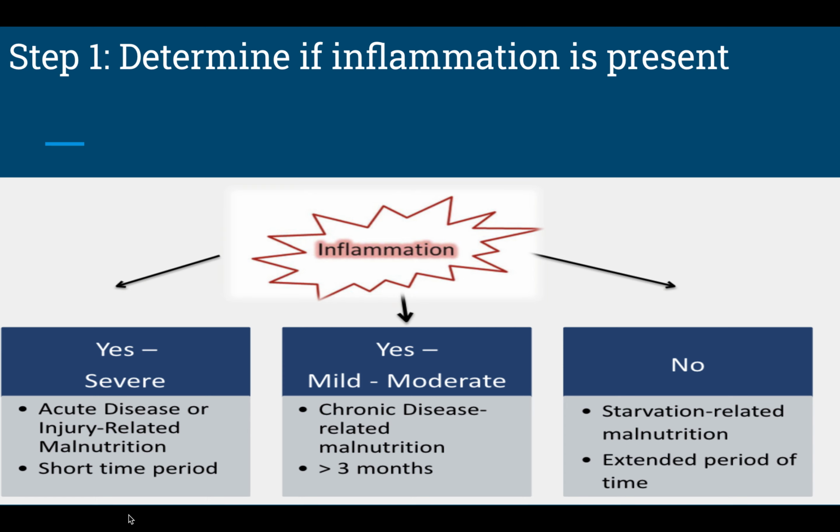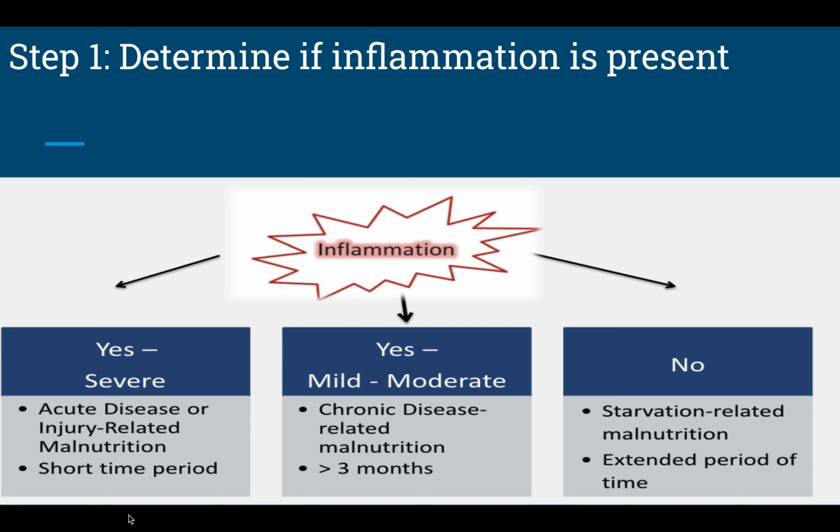If it's mild, it could be more of a chronic disease, and it's something that has lasted for more than 3 months. Although you can have malnutrition that started with a chronic disease, but then something happened and it became severe because of a further deterioration of the patient.